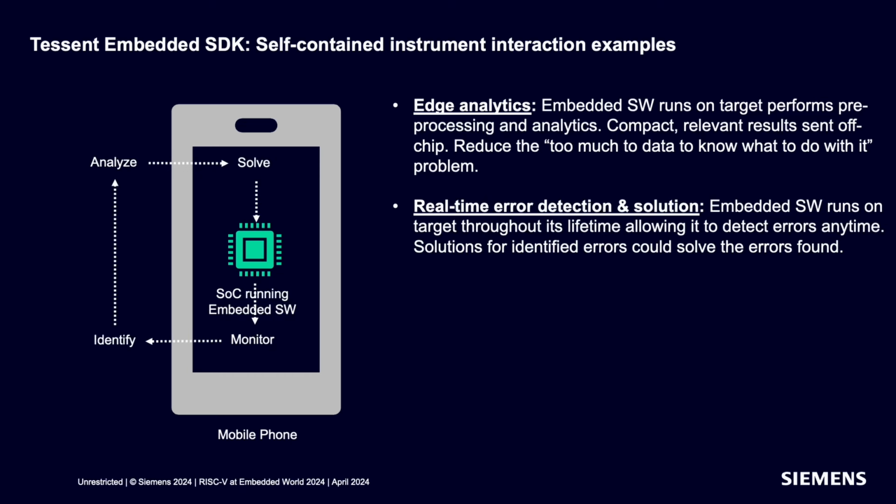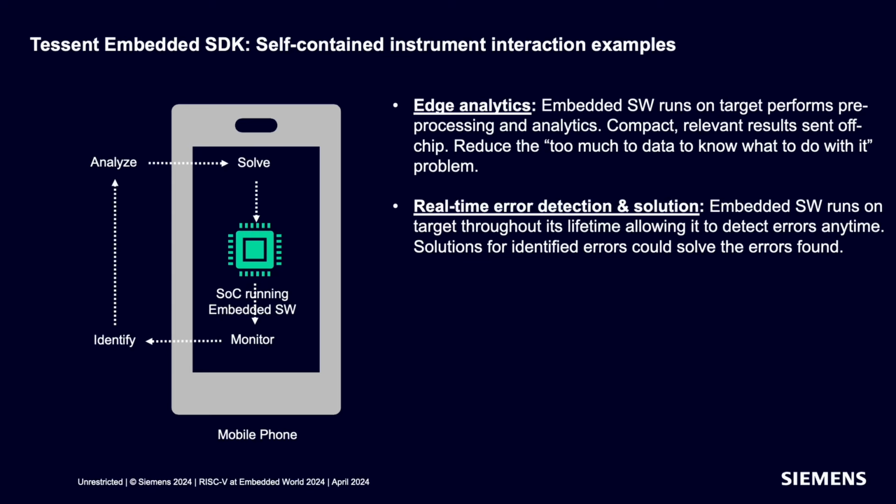In the second example, you can do real-time error detection and resolution, because these data monitors are present in the device. They are continuously providing you real-time data about how your device is performing under various circumstances, various loads or real-time constraints.